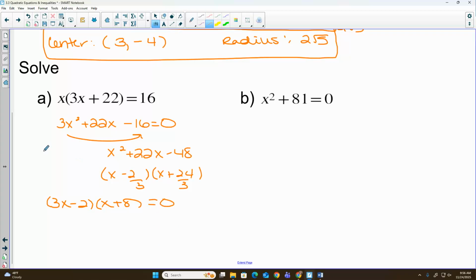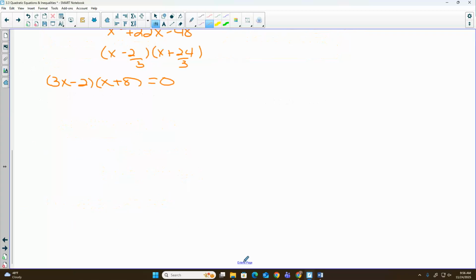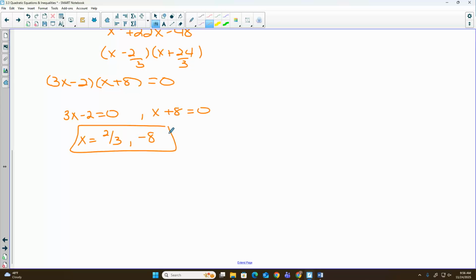So to finish it, we just set each of those equal to 0. That gives me 2/3 and -8. Did you guys get that one?